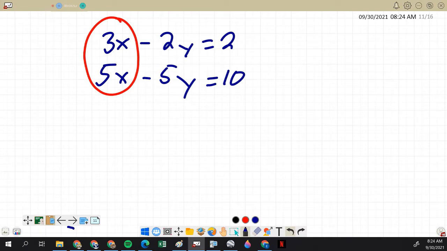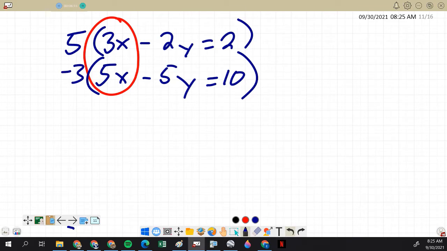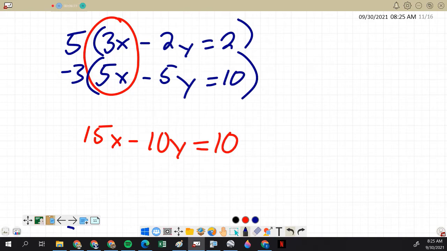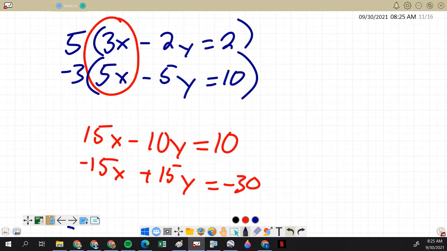What do I need to multiply the 3x by? 5. So if I multiply this one by 5, and then the bottom one I need to multiply -3, because I want those 15s to be opposites. So -3, and that creates two new equations. 15x minus 10y equals 10, and -15x plus 15y equals -30.